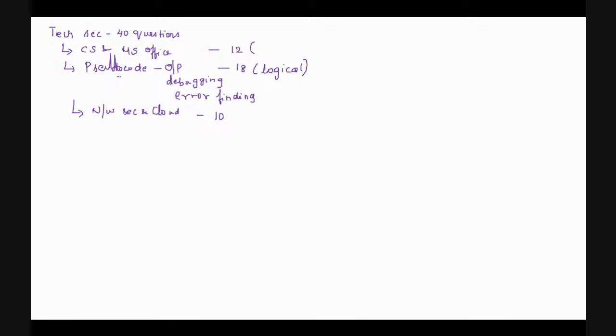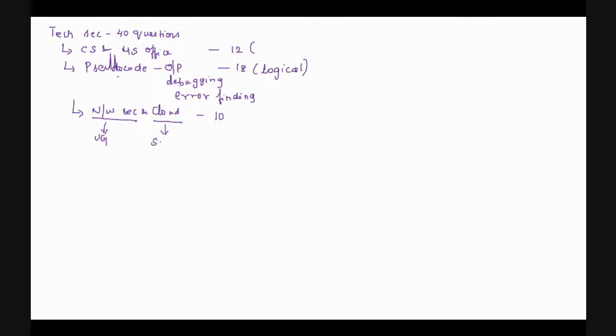Then comes your network security and cloud. Of course, the basics of network surely you would have studied in your UG. Okay, so that kind of basic knowledge is necessary. Whereas coming to cloud, you might think this to be a very advanced technology, but it is not.